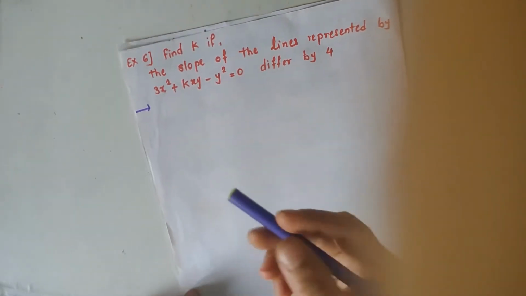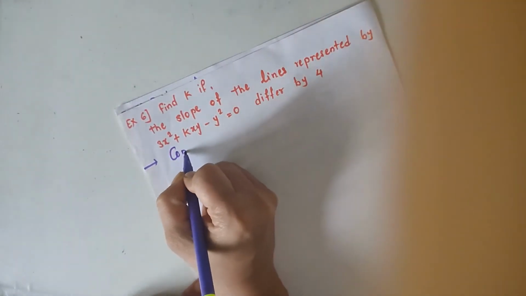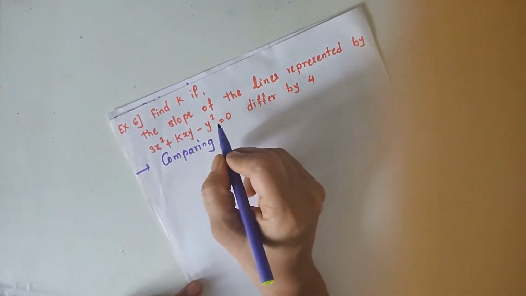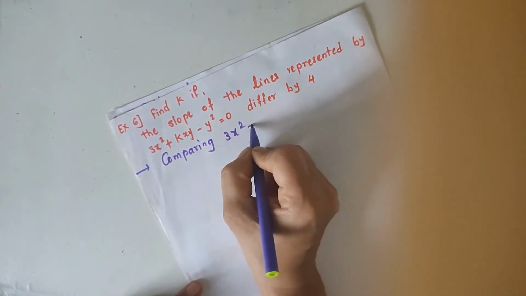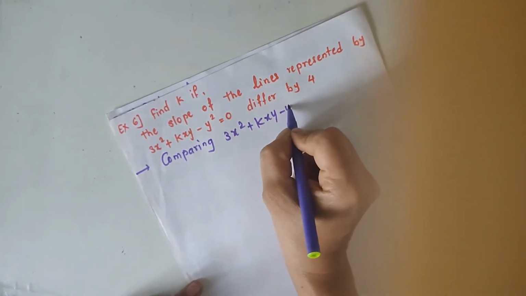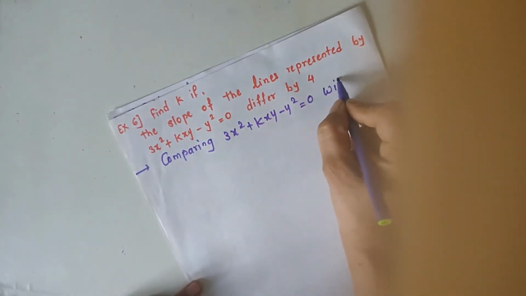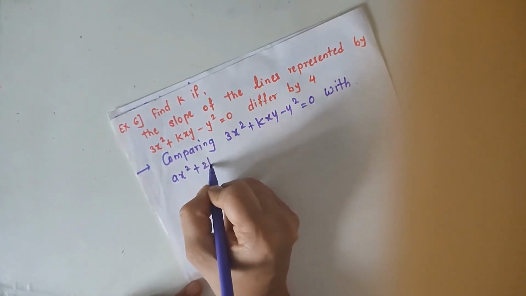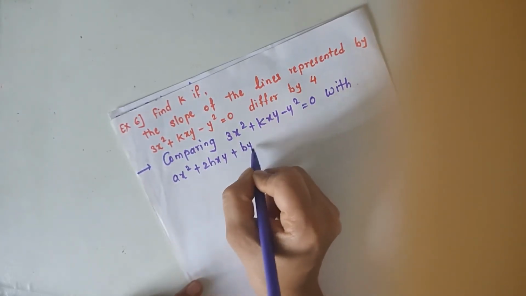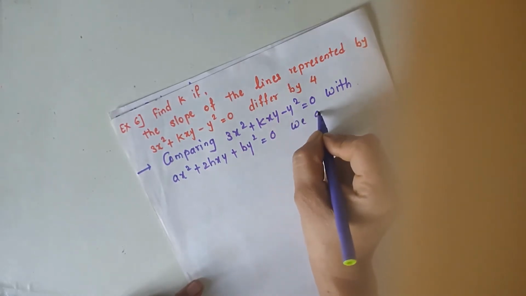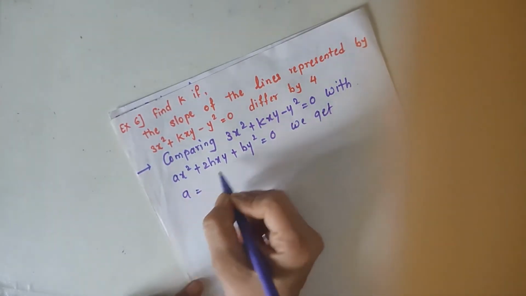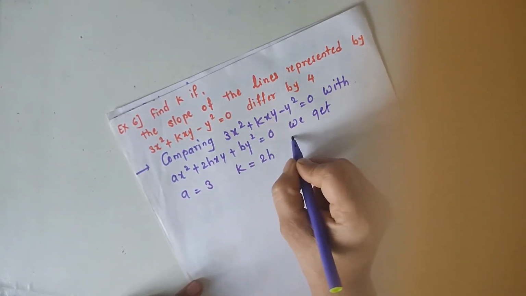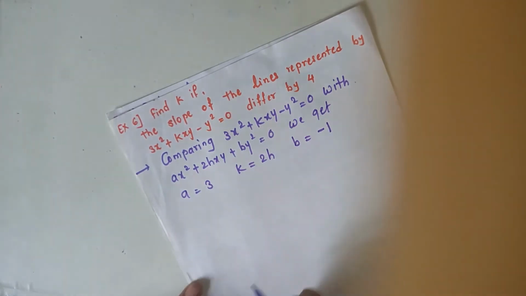So first step is comparing the given equation 3x square plus kxy minus y square is equal to 0 with homogeneous equation form ax square plus 2hxy plus by square is equal to 0. Then we get a is equal to 3, k is equal to 2h and b is equal to minus 1.